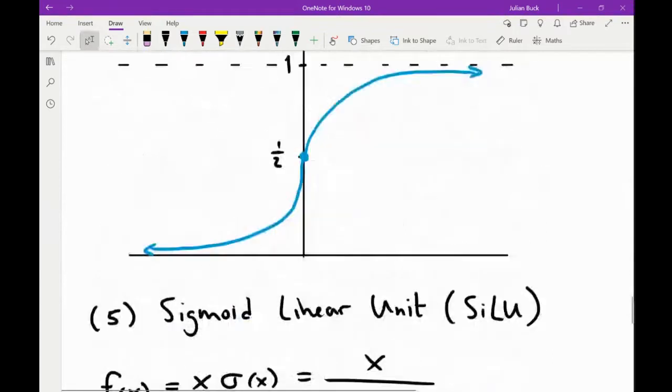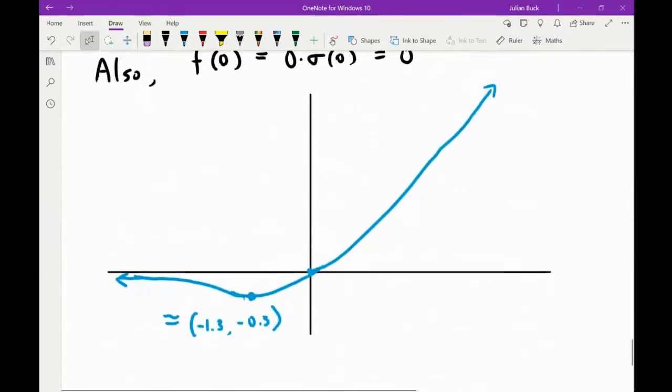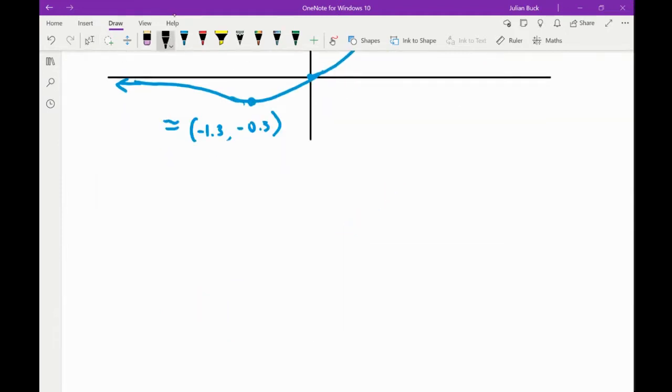So if that's an important consideration, then this function works very well. Okay, we'll make some comments about these in a moment and talk a little bit about the sigmoid neuron idea. But first, let's introduce one more activation function, or kind of a class of them, that are useful.